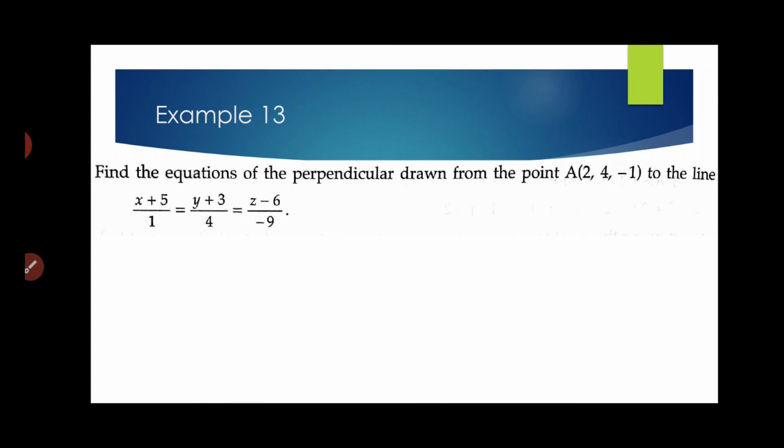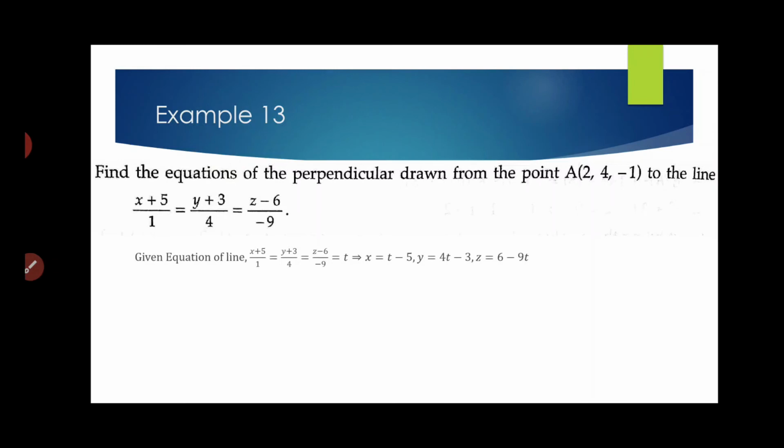Now let us move to the next problem. Find the equation of the perpendicular drawn from the point A (2, 4, minus 1) to the line. Now it is told that I need to find the equation of the perpendicular. So let us start how to do it.